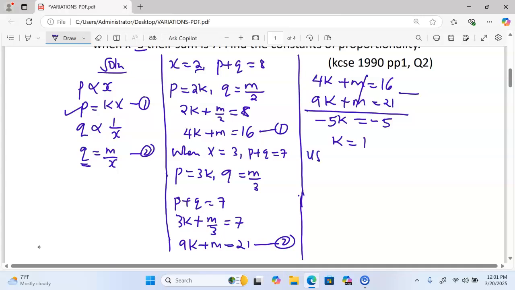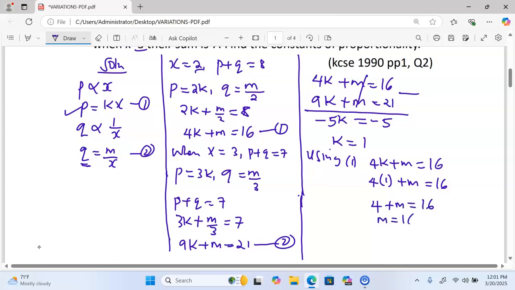Now, once we have the value of k, we can use equation 1 to get the value of the other constant. Equation 1 is 4k plus m being equal to 16. Remember, we have 4 times k, which is 1, plus m, this will give us 16. 4 times 1 is 4, plus m will give us 16.